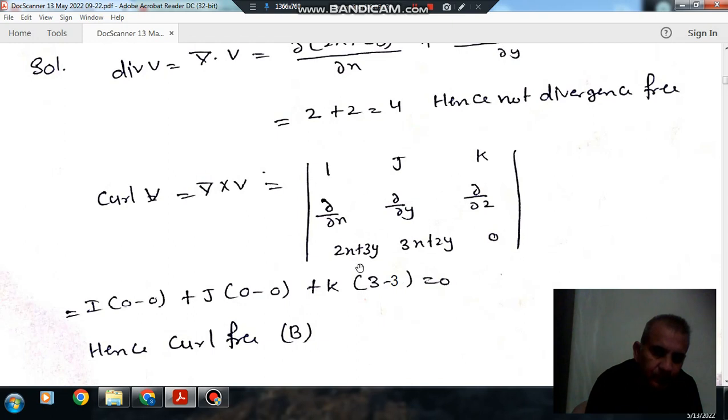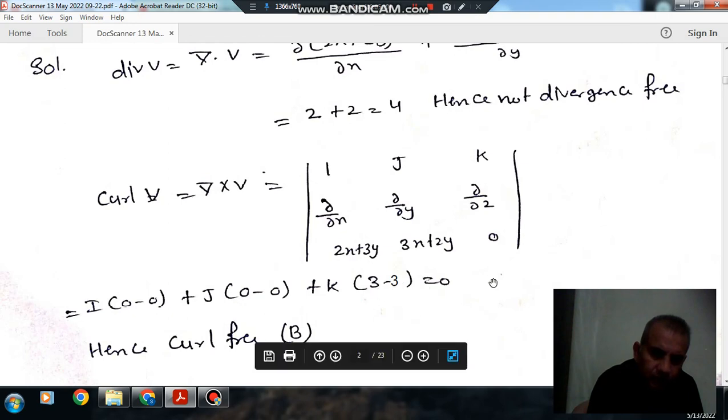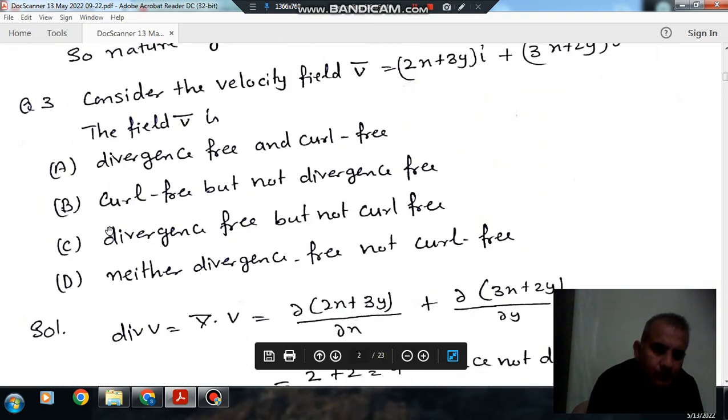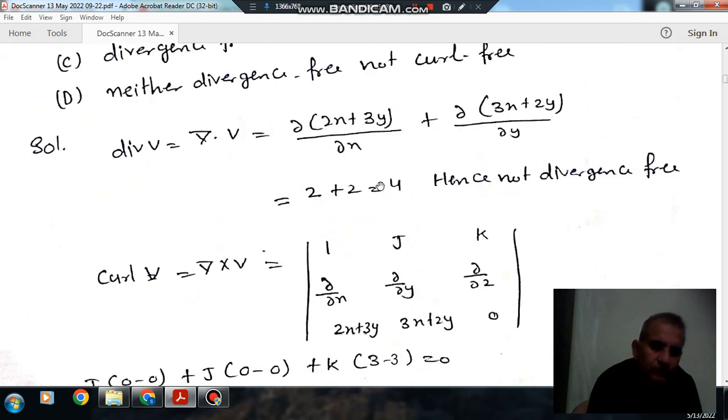For j, the differentiation with respect to z is also 0. Now for k, as there is an x term in it, the differentiation is 3, and here again 3, so 3 minus 3 equals 0. So it is curl free. Answer is option B: curl free but not divergence free.